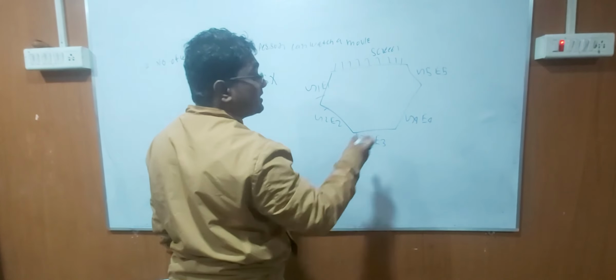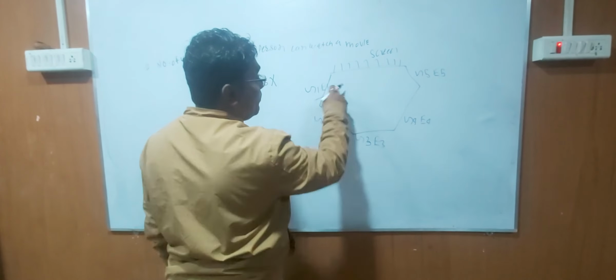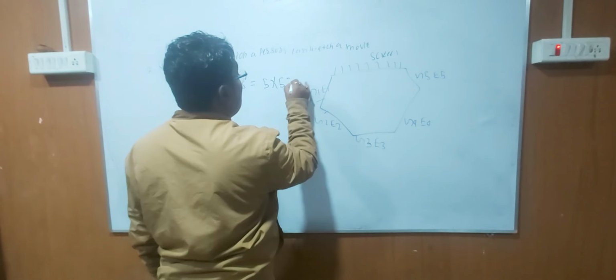He can enter into the movie hall and exit. Entry and exit means multiplication. And how many options are available for exiting from the hall? 5. Then total 25 ways. In 25 ways a person can watch a movie.